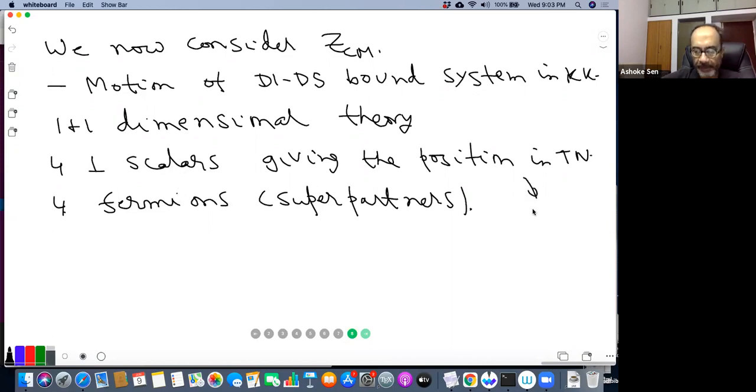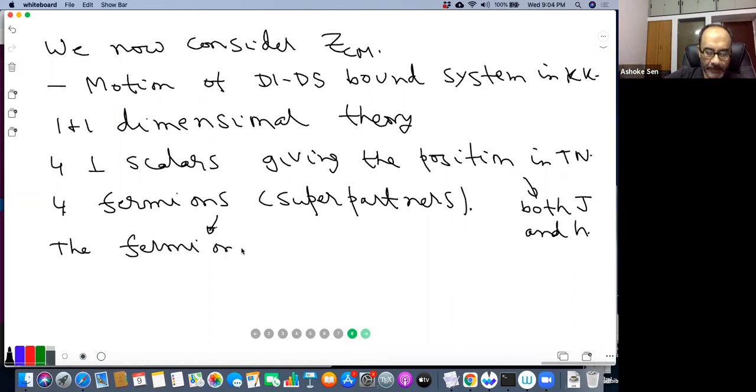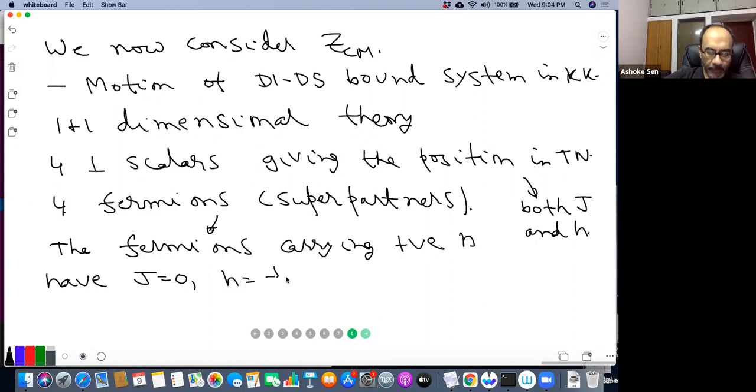The fermions require some work, but basically one finds that the fermions carrying positive n, that's the BPS states, meaning positive momentum along S1, have J equal to 0, but H equal to plus or minus half.